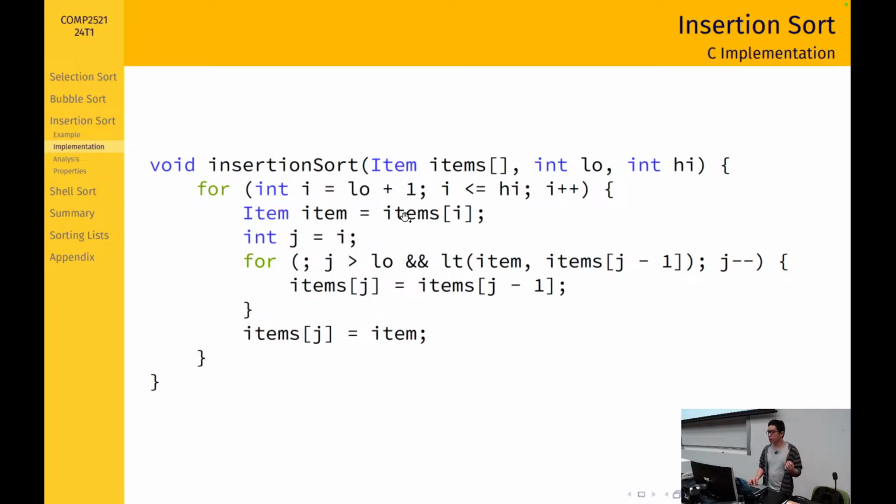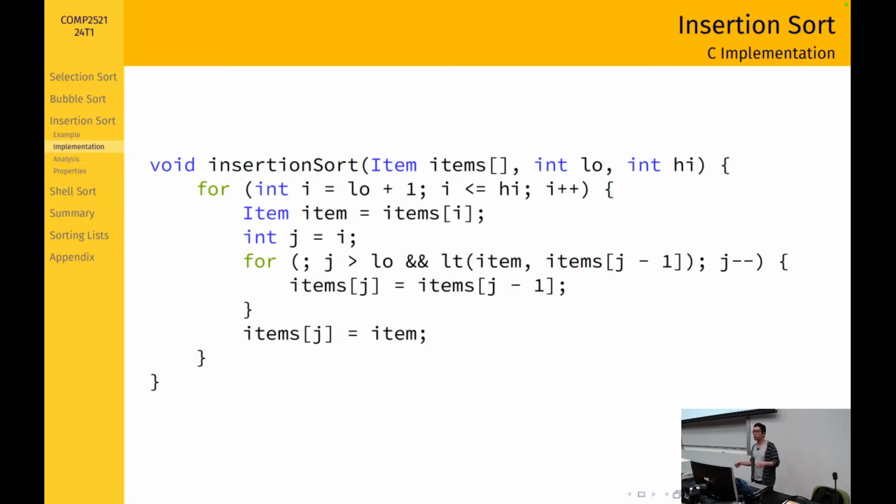Now for each element, we store it in a temporary variable, so that when we shift the elements down, we don't accidentally lose the item. Then we use another index variable, j, to keep track of where we are up to when we are shifting items across. In this inner loop, we're trying to find where the current item belongs.